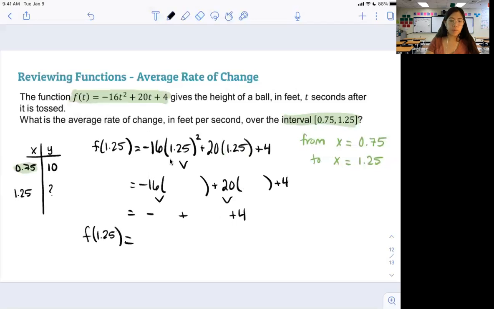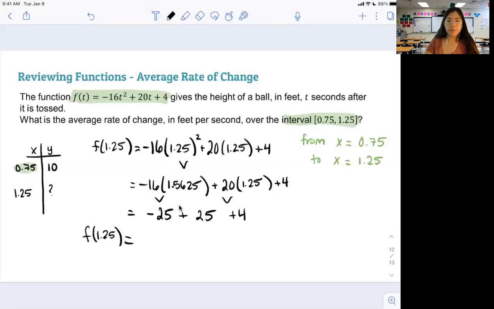Here we go. 1.25 times itself, I get 1.5625. 1.5625 times negative 16, I get negative 25. 20 times 1.25 gives me positive 25.